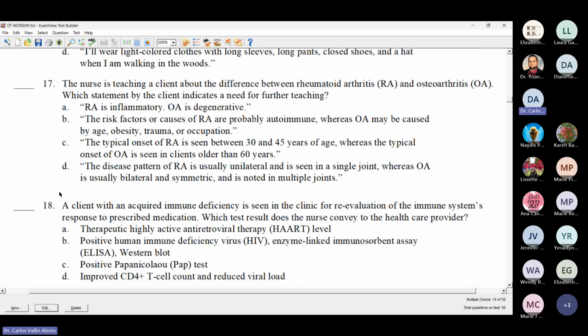Next, the nurse is teaching a client about the difference between rheumatoid arthritis and osteoarthritis. Okay, it's a common topic, both in MedSurg and NCLEX. They are the two most common forms of arthritis, but are totally different. The rheumatoid arthritis is an autoimmune disease.